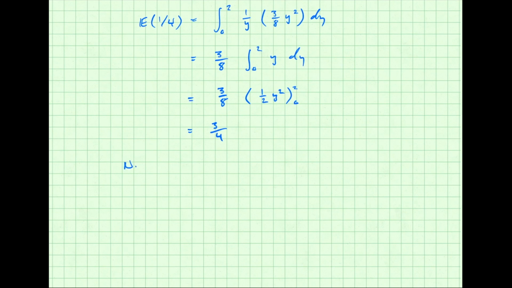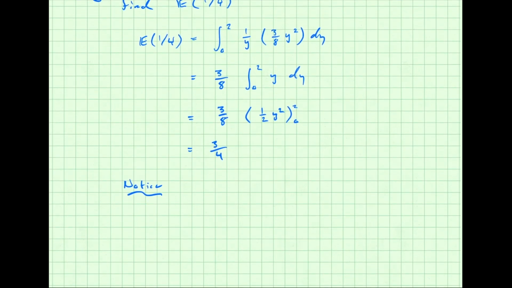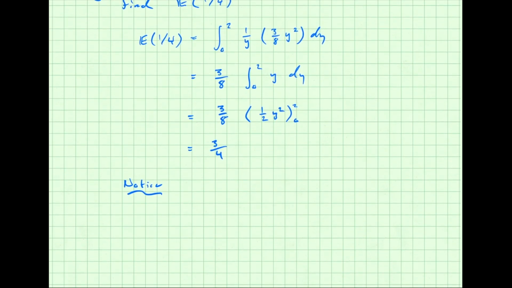So notice, let's rewrite that a little more carefully, sorry. The expected value of 1 over y is not equal to 1 divided by the expected value of y.